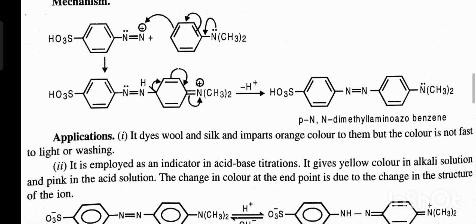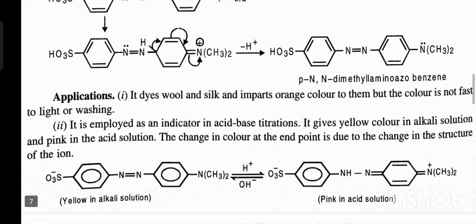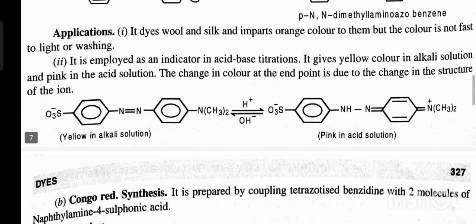Application: it dyes wool and silk and imparts orange color to them, but the color is not fast to light or washing. Second, it is employed as an indicator in acid-base titration. It gives yellow color in alkaline solution and pink in acid solution. The change in color at the end point is due to the change in structure of the ion.